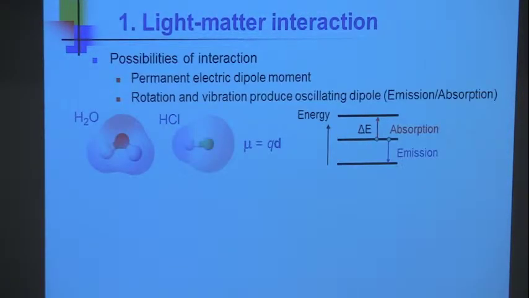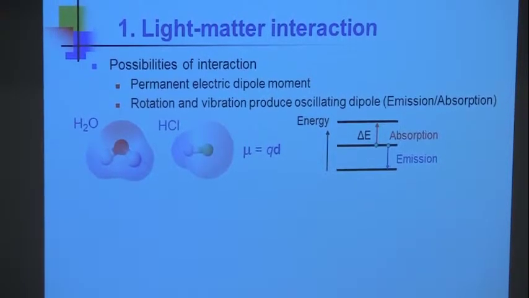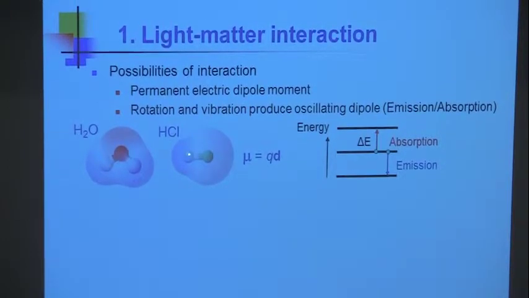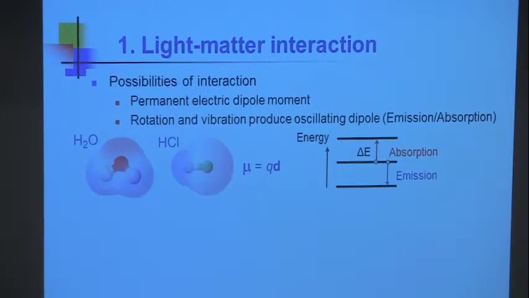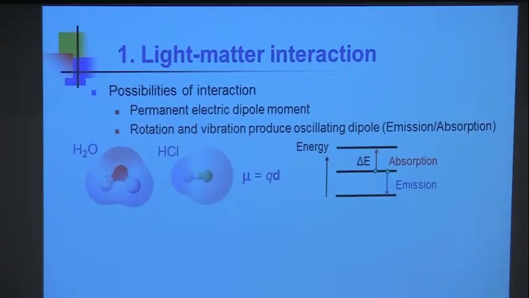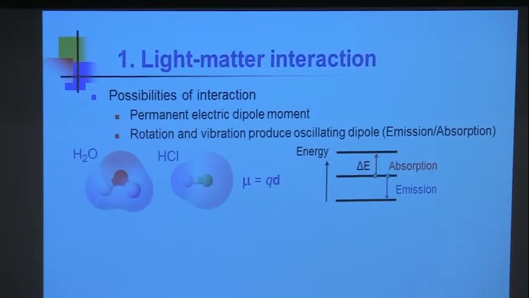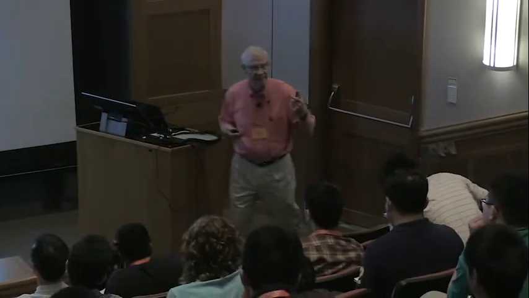So now let's imagine how the light interacts. The way you think about it is whether or not the molecule has an electric dipole. So imagine hydrogen chloride. So that's a heteronuclear molecule, meaning that the 2 ends are different, and you can think of one of them having a slight difference in charge. So when that molecule is stretching, it's varying that electric dipole moment, and that's how you think about an antenna.